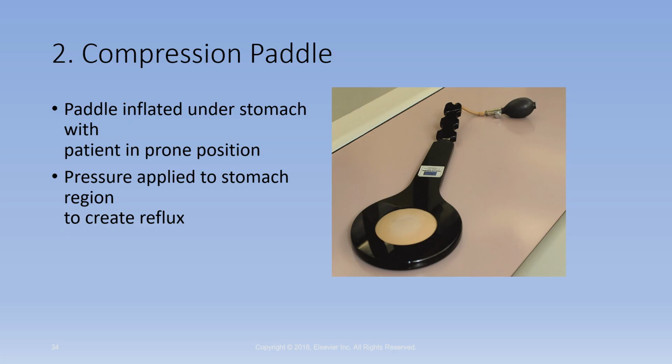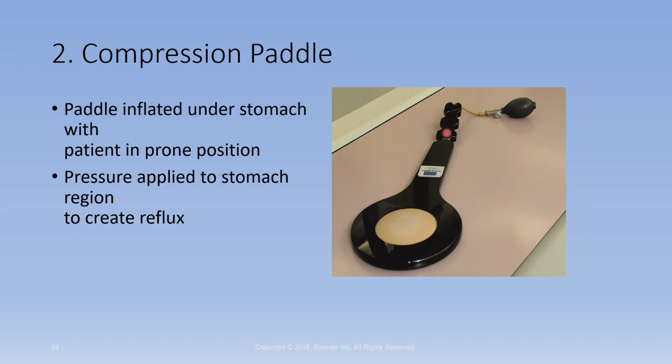There is a picture of the compression paddle in figure 12.7 on 482. This is what the compression paddle looks like. This bulb syringe will blow up this rubber area in the center, and they use this almost like an extension of their hand.